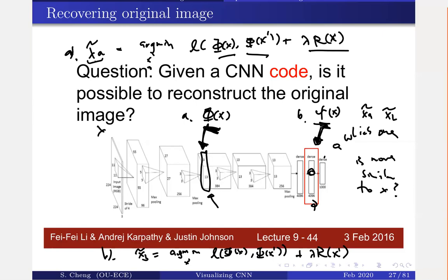I can then reconstruct this x tilde A here. Or instead, I can try to match the coefficient at this layer, psi, as close as possible. Now my question is, which one should look more similar to the original X?